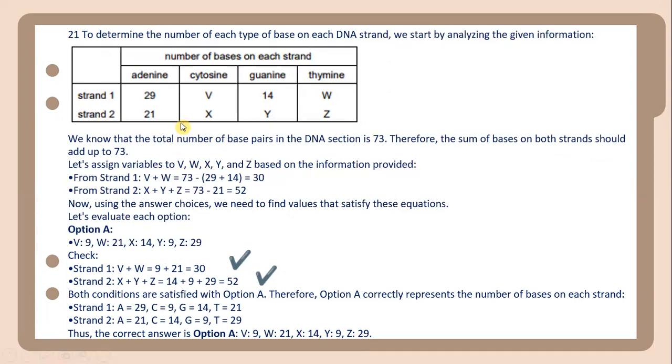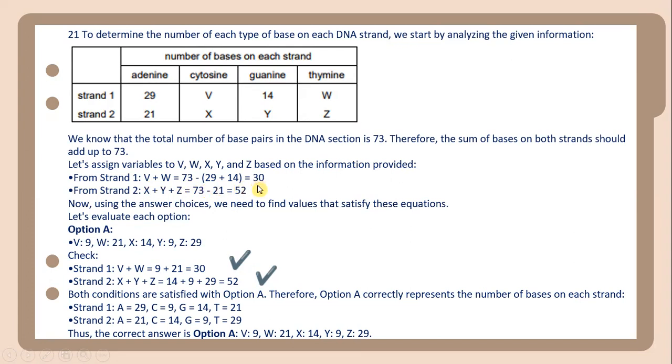Let's assign variables to V, W, X, Y, and Z based on the information provided. From strand 1, we can see that V plus W is equivalent to 73 minus (21 plus 14)... then you get the value of 30.